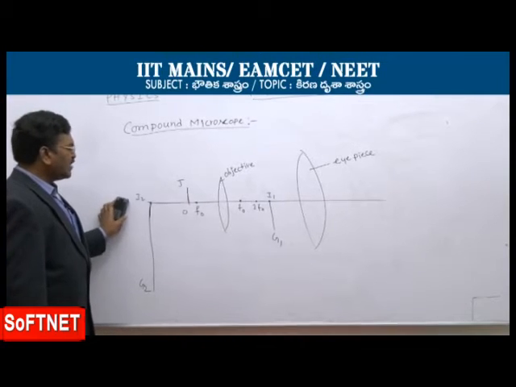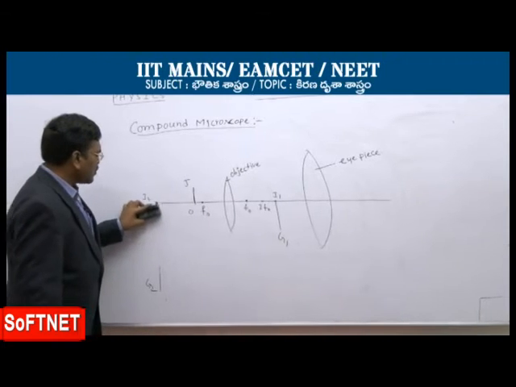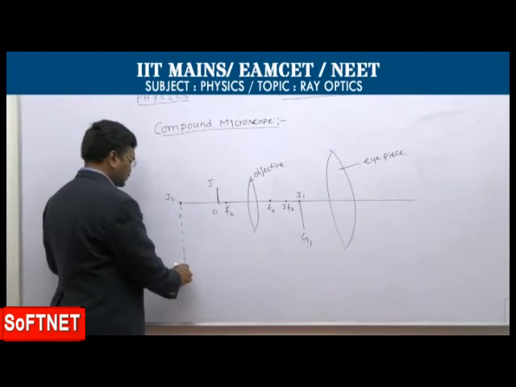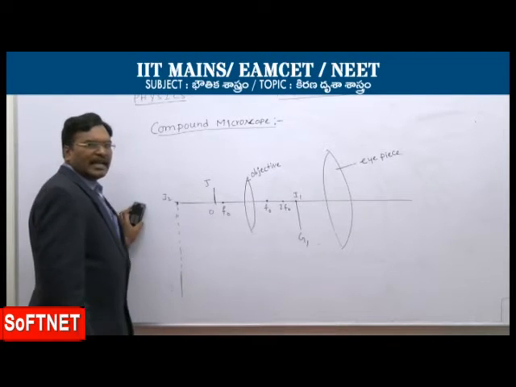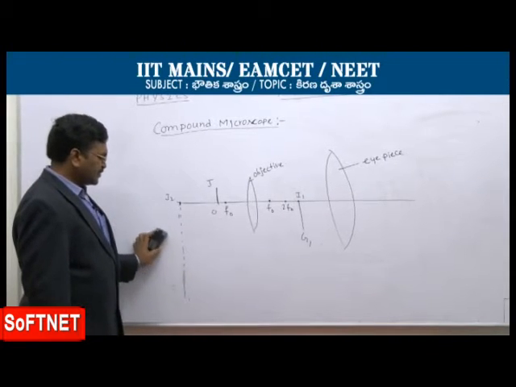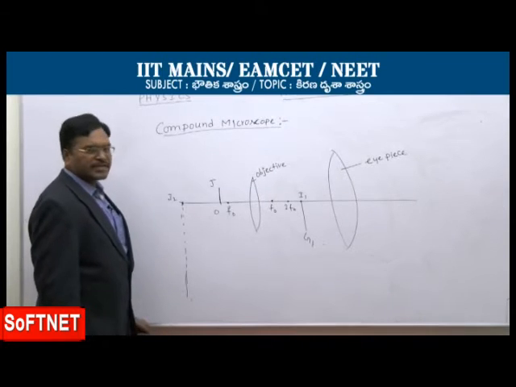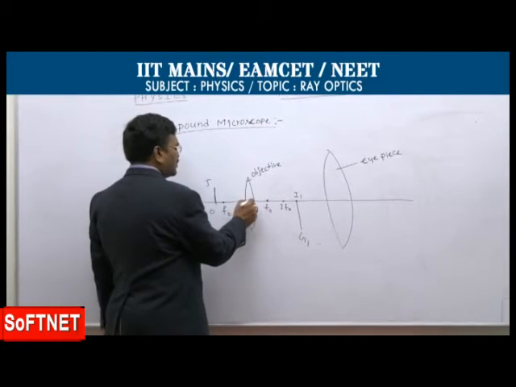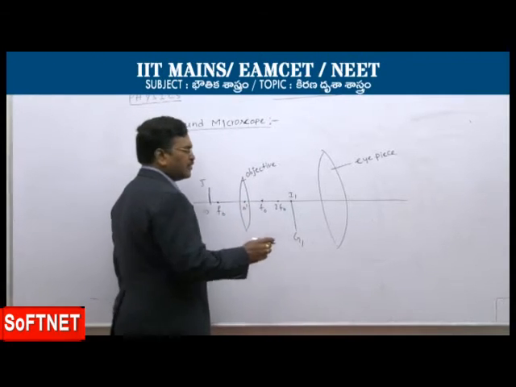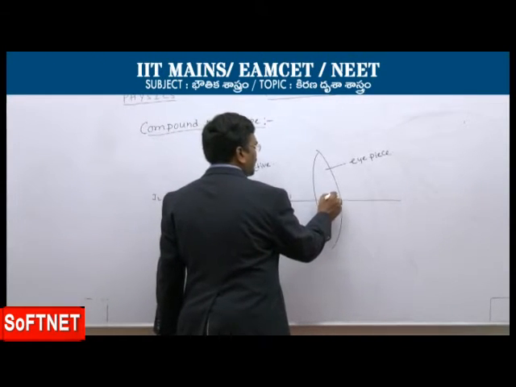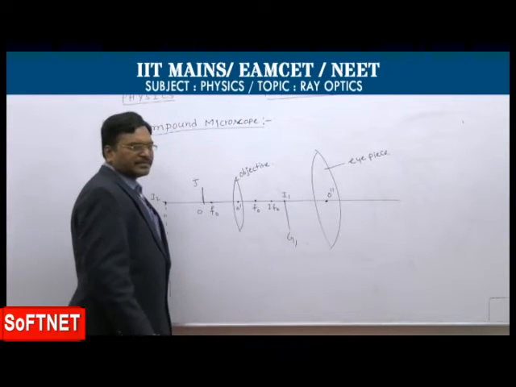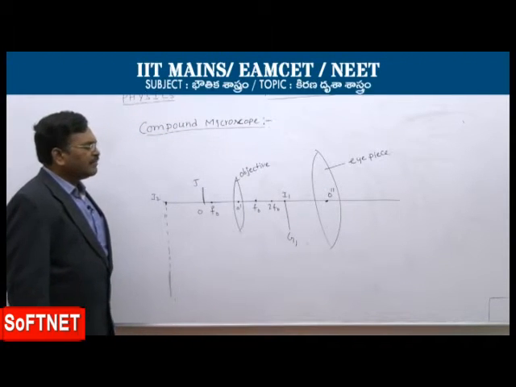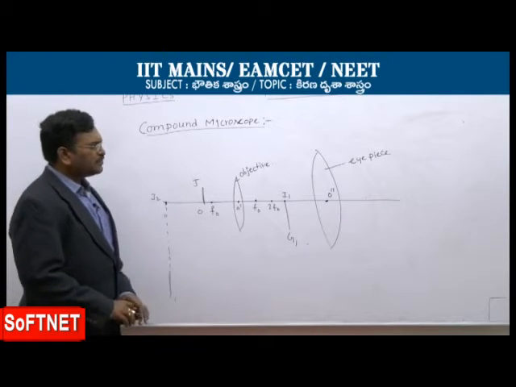We take dots also here, like this. O dash is the optic center of the objective, O double dash is the optic center of the eyepiece. Is it clear now?